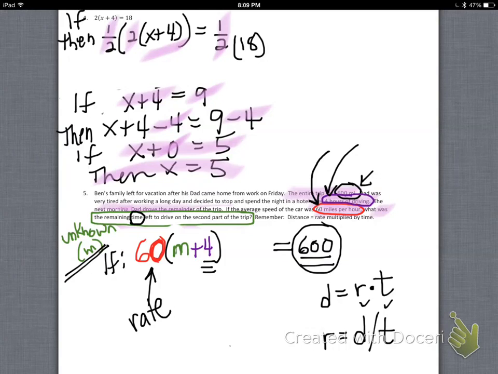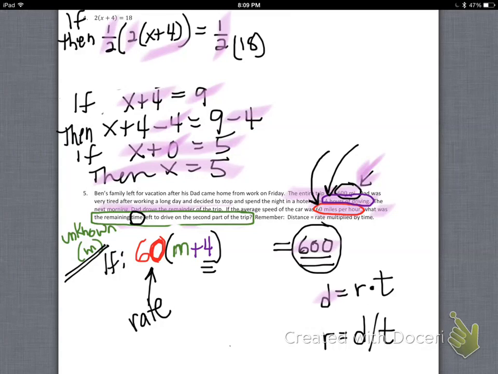We talked about this a little bit. So d equals r times t. We have the d, that's the 600, and that comes from up here. The whole trip is going to be 600 miles.